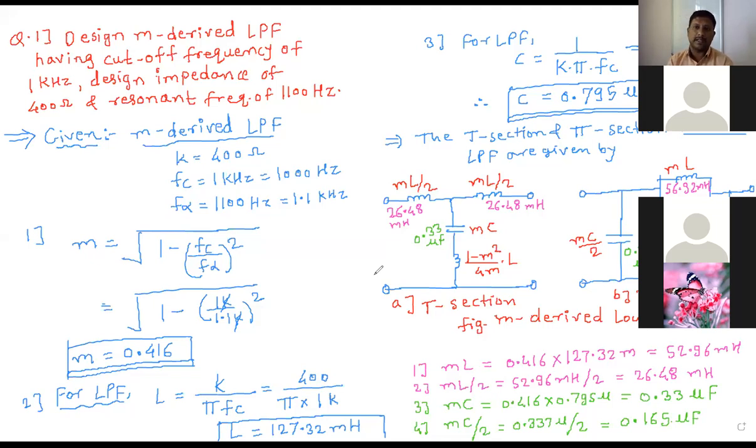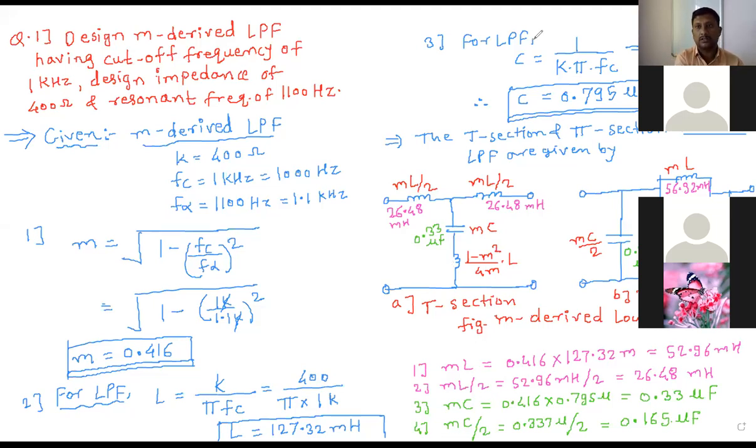Put the values of M and L and calculate. 63.27, correct.